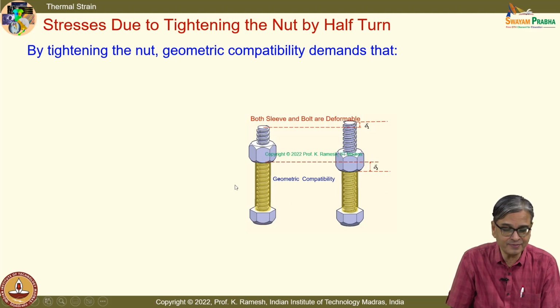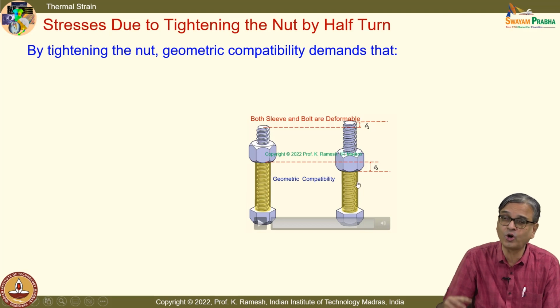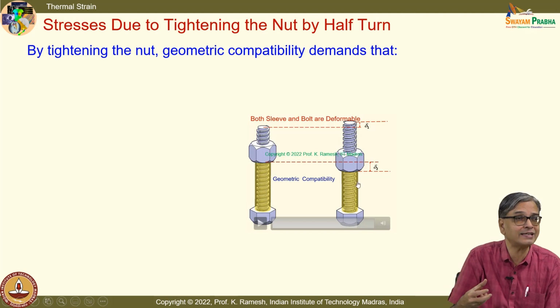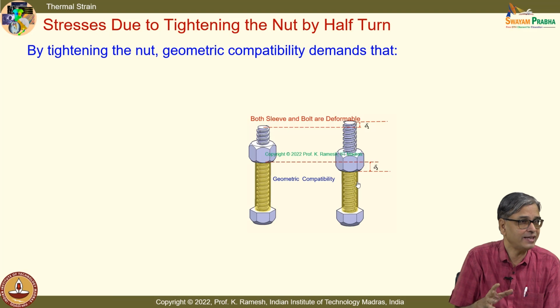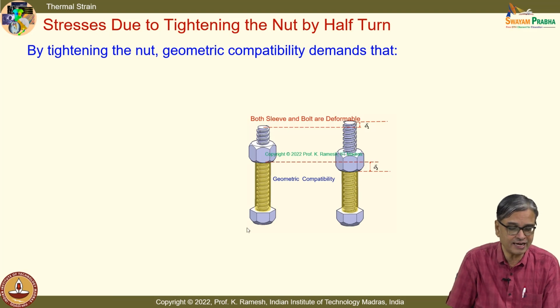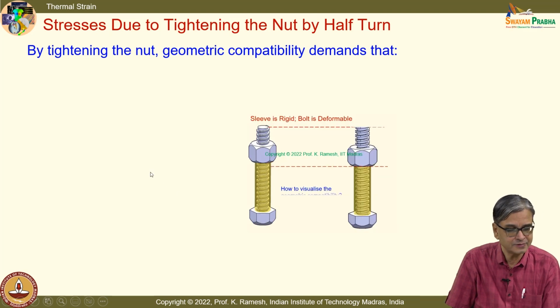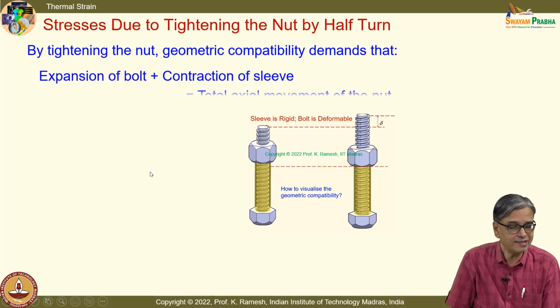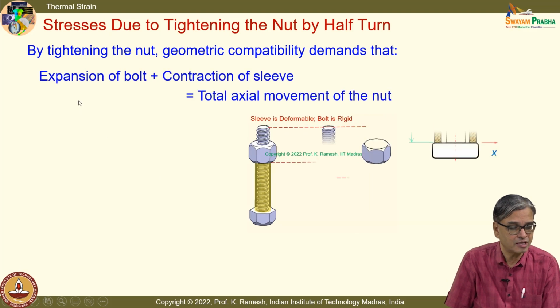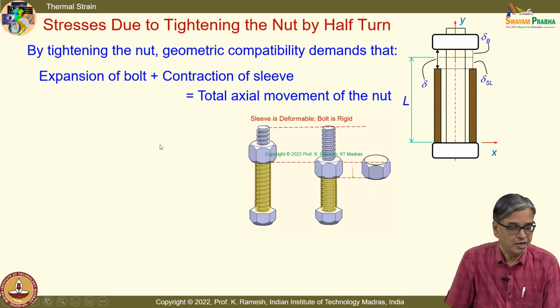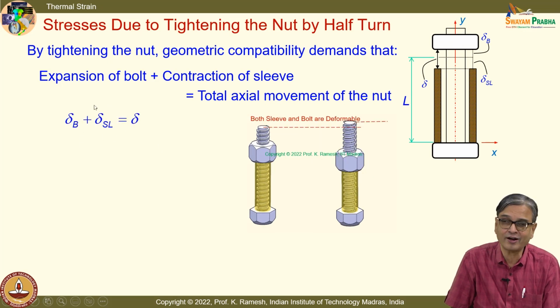When you add them, that is the movement you could get by tightening the nut. So, you should understand that and write your equations appropriately. So, I will have delta 1 plus delta 2 equal to delta. When I write this expression, I will have to recognize that I am talking about the contraction. Okay.